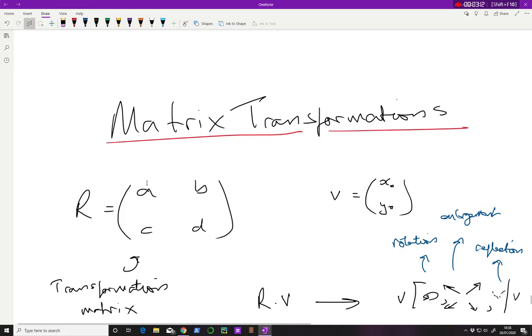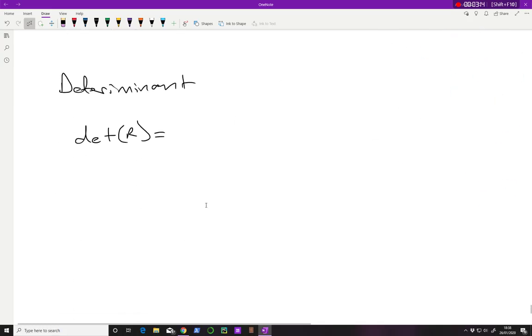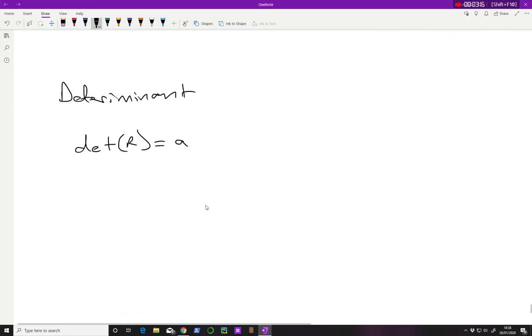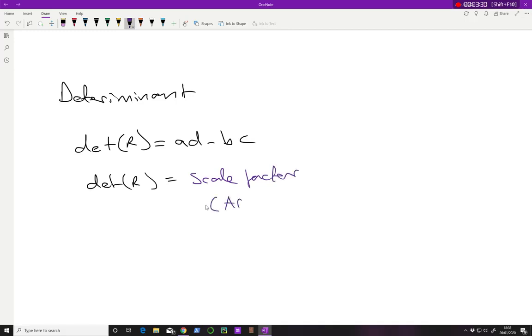So in this case, it would be AD minus CB. And det R actually gives me the scale factor, or rather, importantly, the area scale factor.